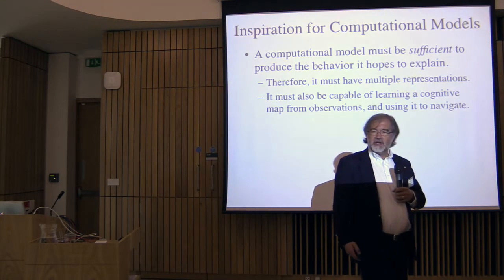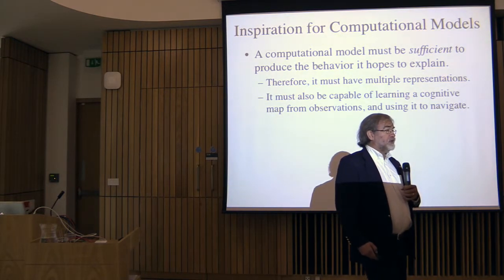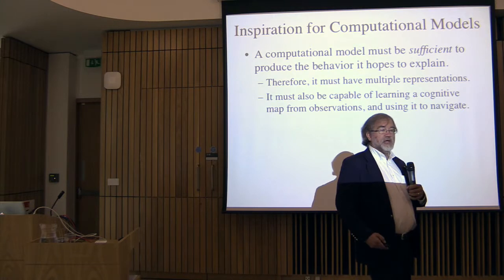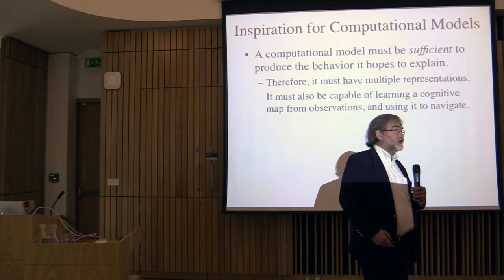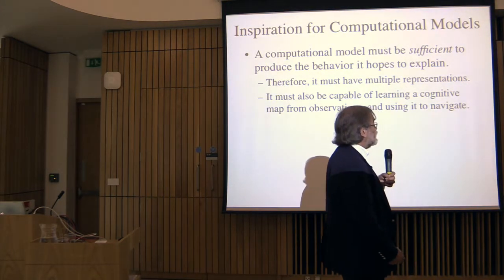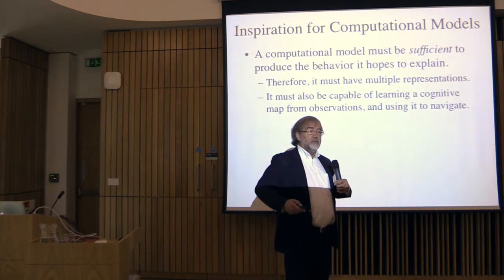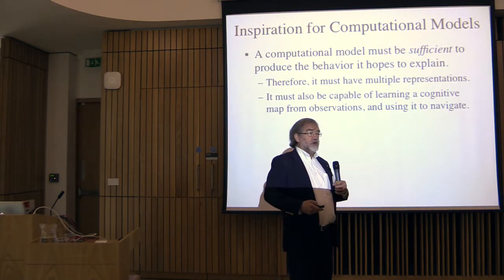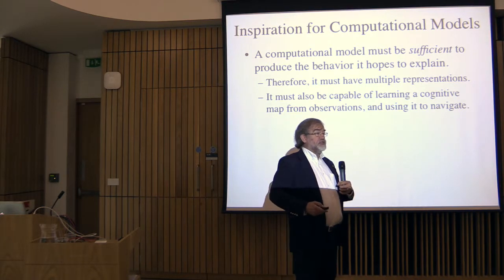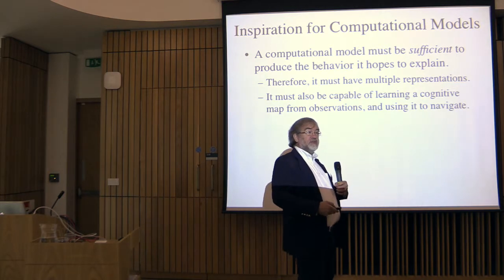And if you understand how it works, it really only makes sense that the model should, in some sense, be able to carry out the task. It should actually think. And so in particular, if a mind is supposed to be dealing with the environment, it should be able to move through the environment, gather observations, build a model of that environment, and navigate.